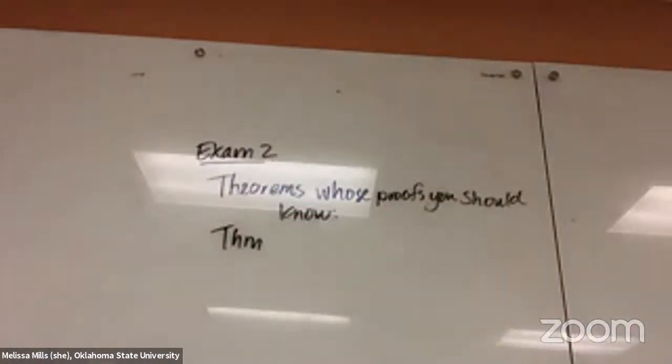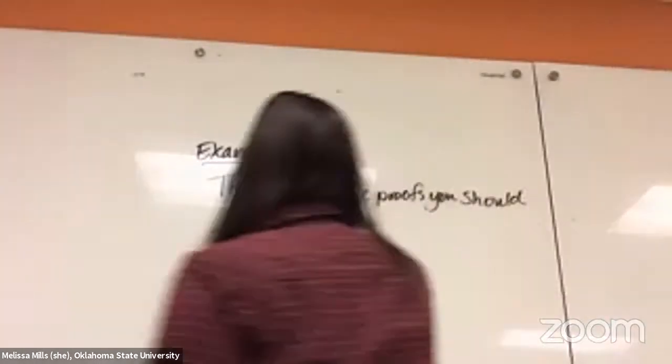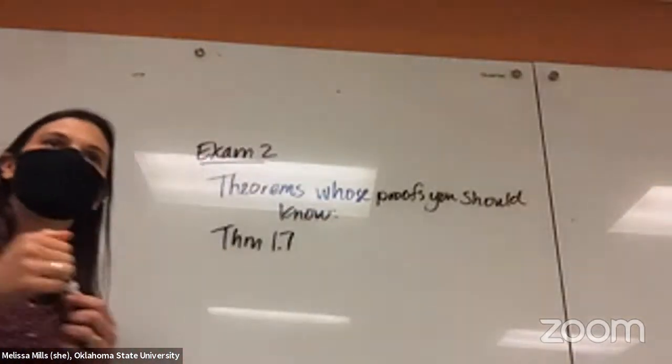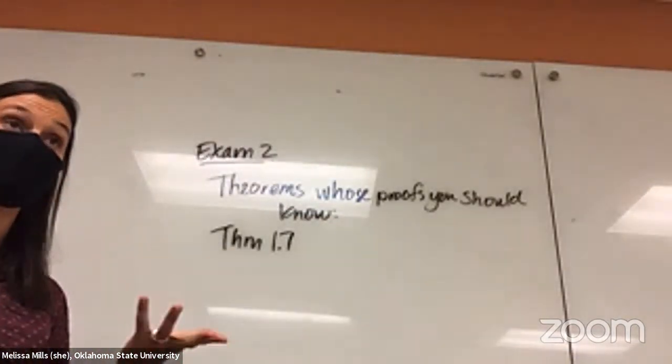Okay, so let me read here. In the last section of chapter 1, Theorem 1.7. Theorem 1.7 was the one that said that every integer is a product of primes.